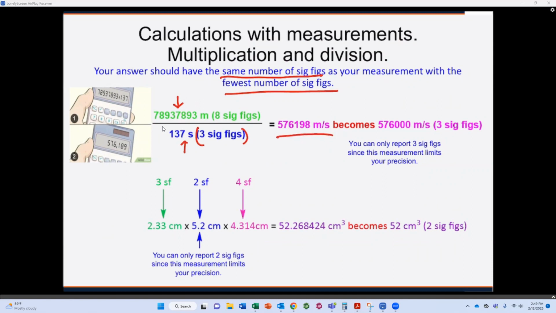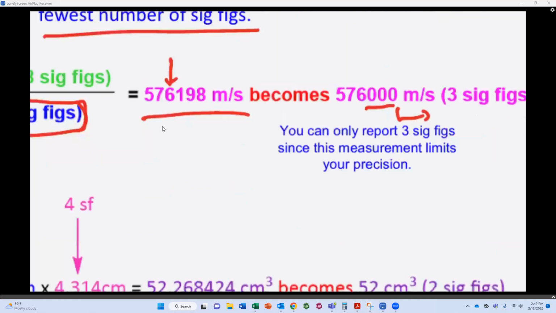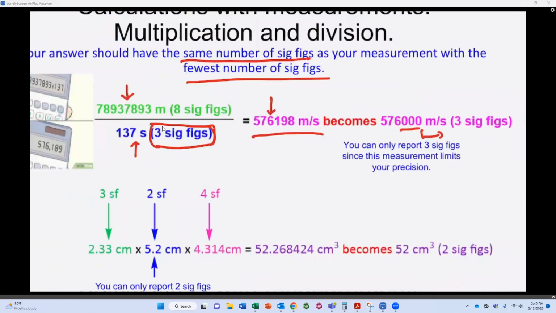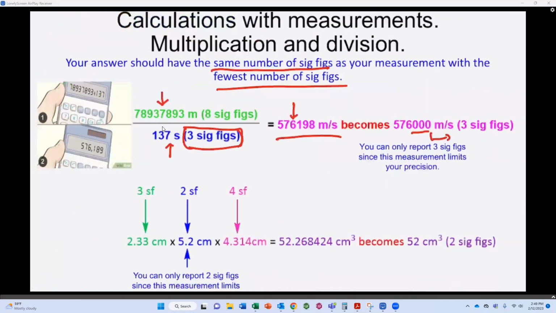Now again, the smallest number of significant figures is in 137 seconds. And so when we do our math, we can't report the answer we get. We have to round this to 3 significant figures. When we report the final answer, we can report it like this because we remember, since there's no decimal here, these zeros are not significant. So this number only has 3 sig figs.